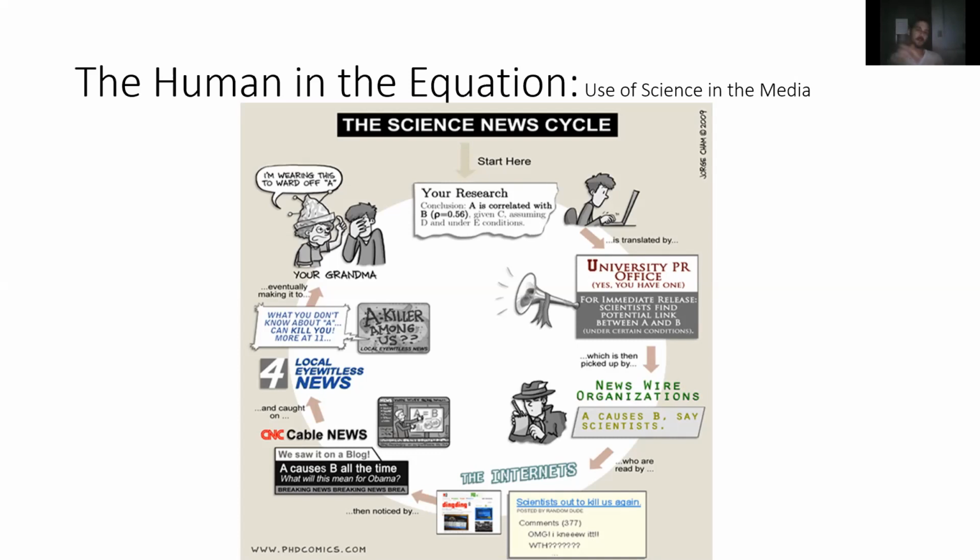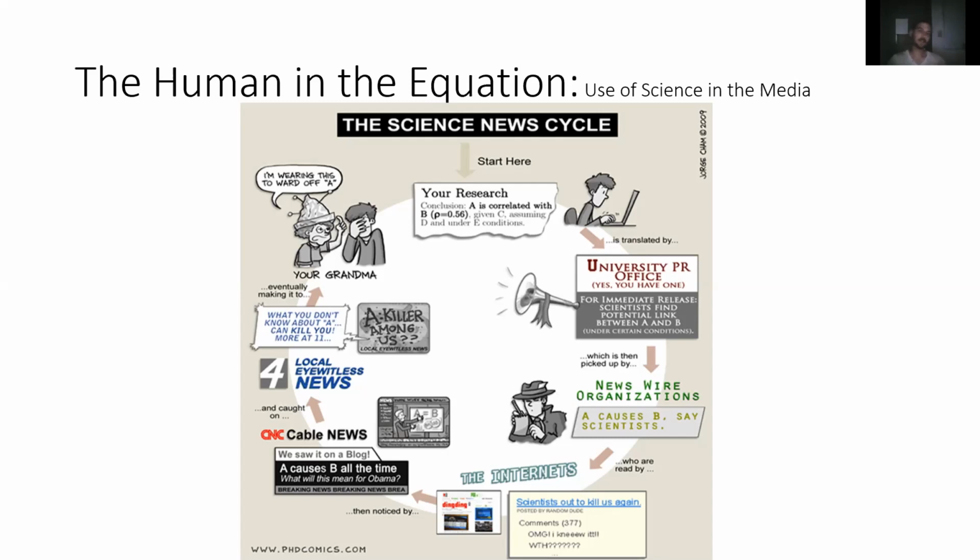And immediately we can see as we move around the circle, as it goes through different kinds of news organizations, especially in our digital age, not just through the nightly news cycle, but through all different kinds of internet sources, or news or media that is using information from the news in different ways.